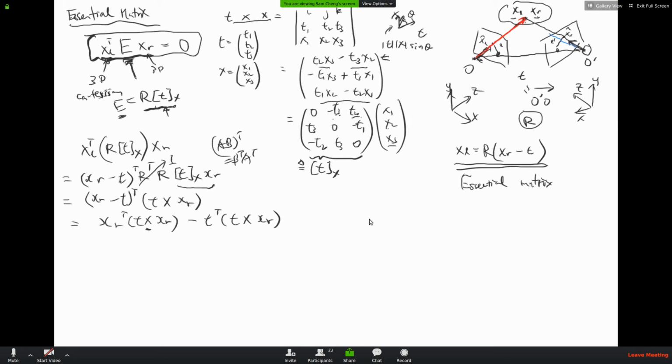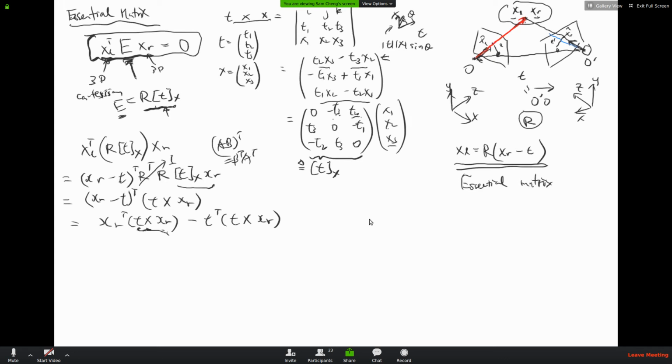And so then this is basically, as we mentioned, T cross xr would be in the direction perpendicular to T and perpendicular to xr, right? So therefore this will be perpendicular to xr, right?